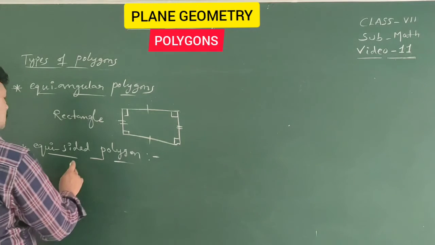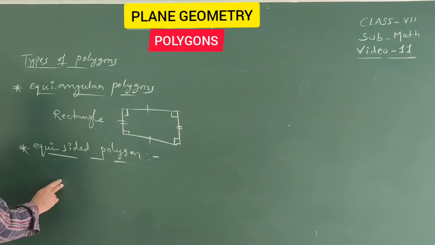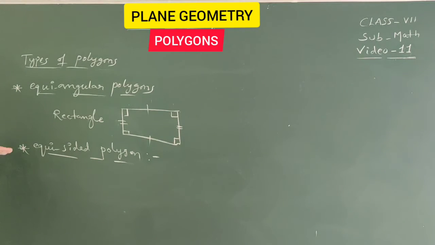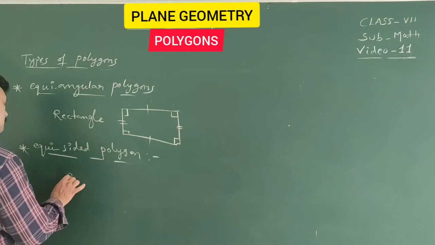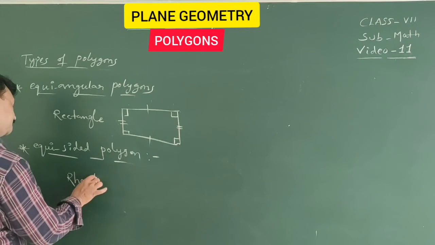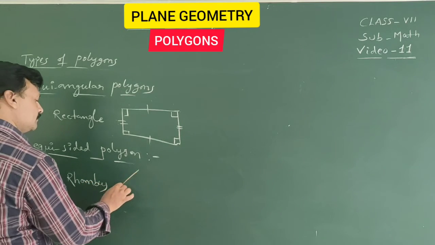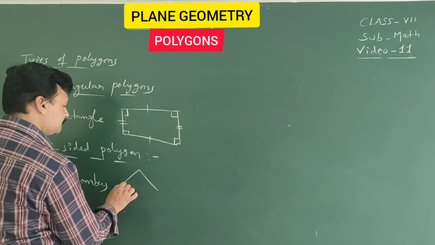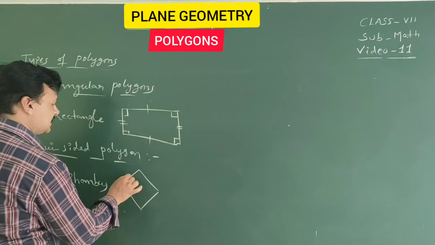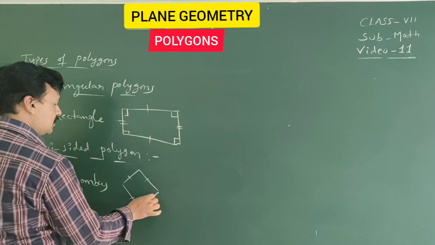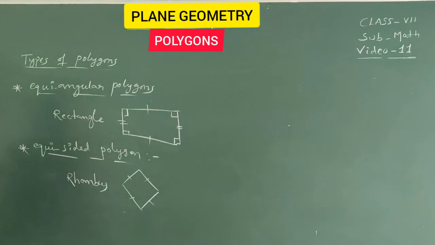Here, for equisided polygon, in a triangle, there are no equisided and equiangular, as I just said. But in case of quadrilateral, we have rhombus. In the rhombus, all of its sides are equal, but the angles are different. Only opposite angles are equal. Like that.